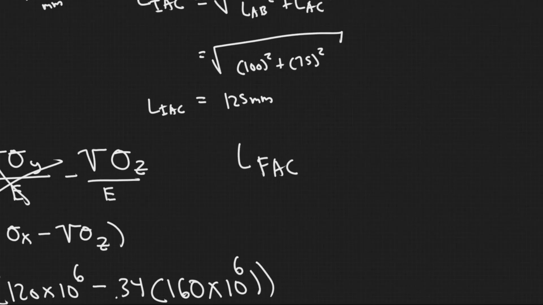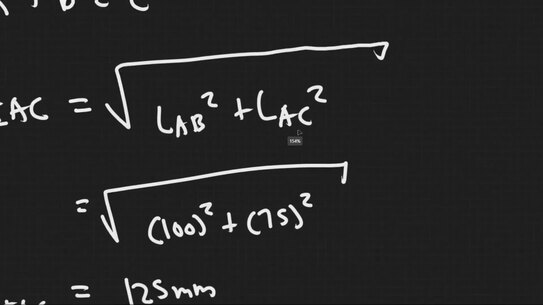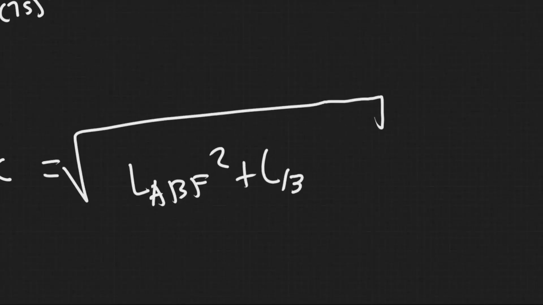LFAC, or the final, is going to be equal to what? It's going to be equal to the square root of LAB final squared plus, this is an LAC, I apologize. This is LBC, my bad. LBC. But yeah, so this is LBC final squared.